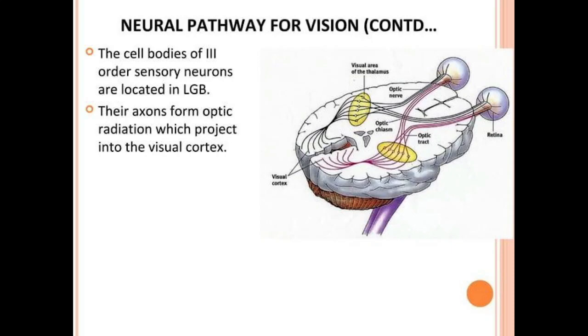The visual cortex is organized in a way that allows for the processing of various aspects of visual information, such as color, motion, and spatial frequency, in different regions of the cortex.